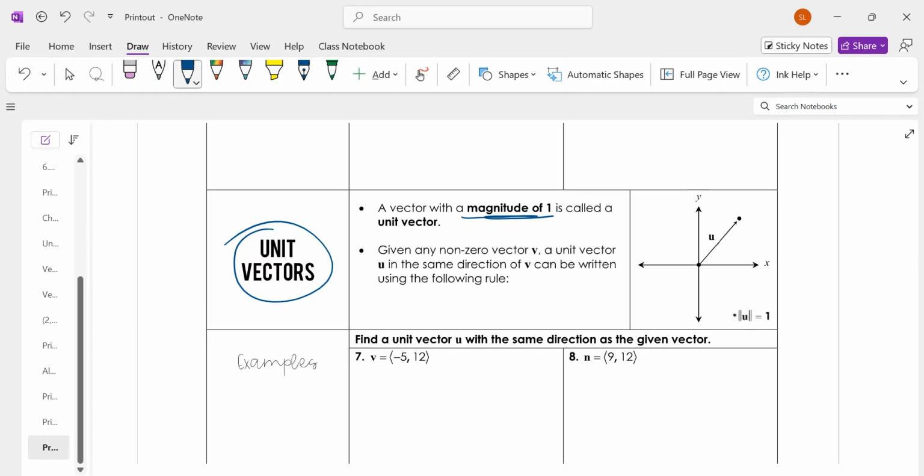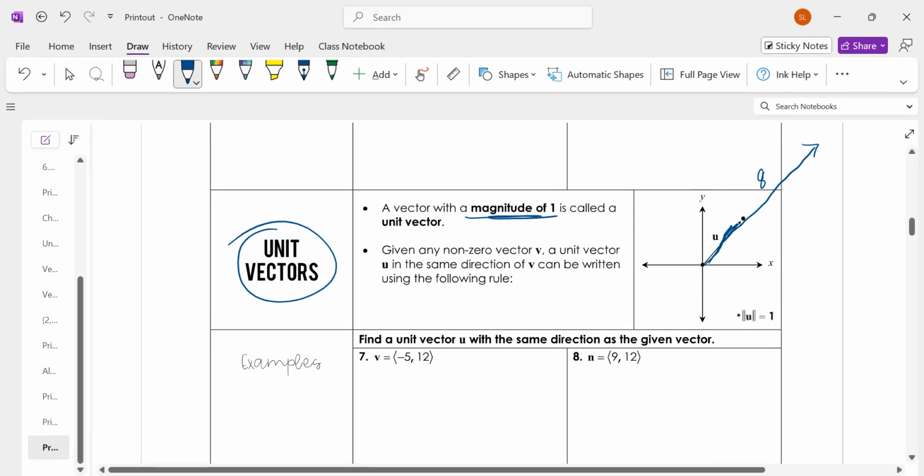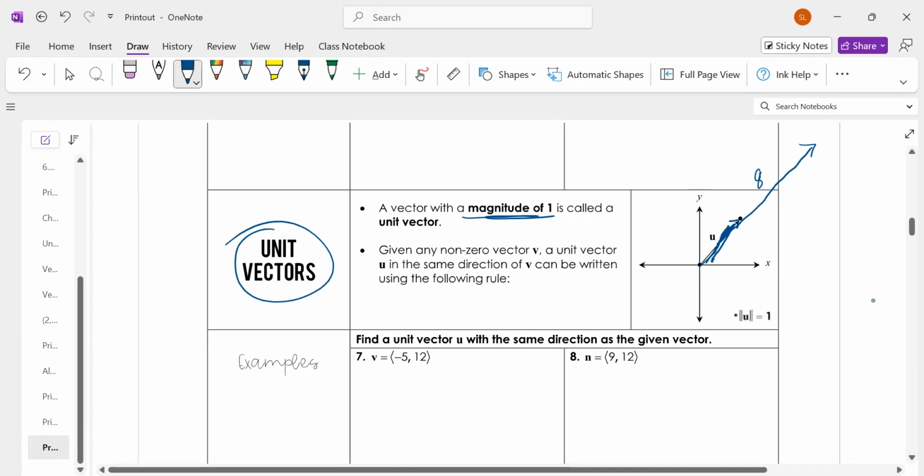Now, if we have a regular vector and we want to shrink it down to be a unit vector in the same direction as the original vector. So for example, let's say I had a vector q and I wanted to shrink that down so that it landed on top of vector u, this unit vector.